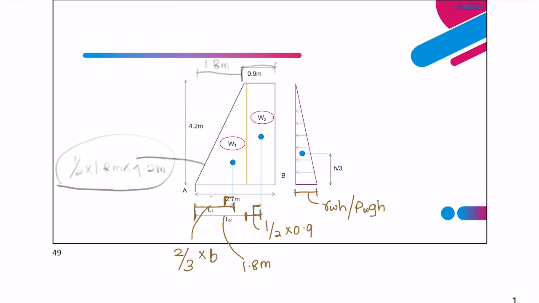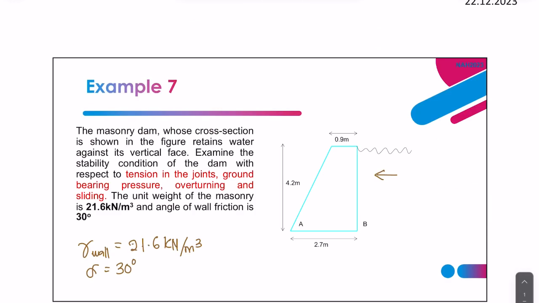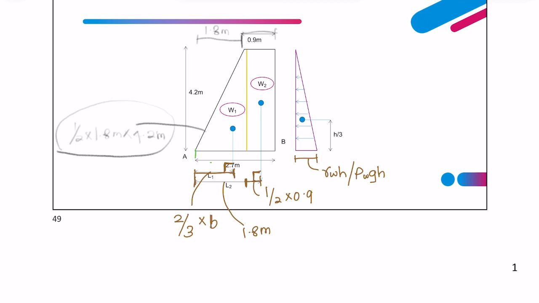So you can use either one, it doesn't matter, because in this question they did not give any value for the unit weight of water or density of water. So we already have the formula from the area of this pressure distribution.